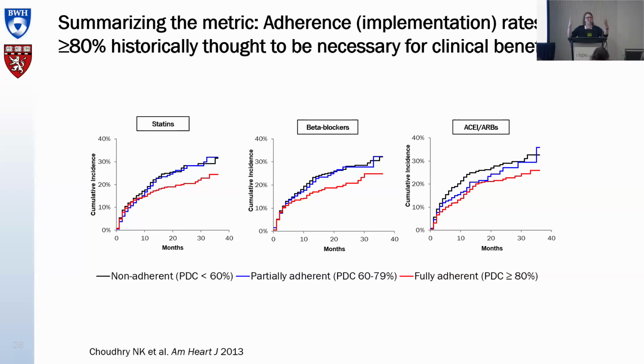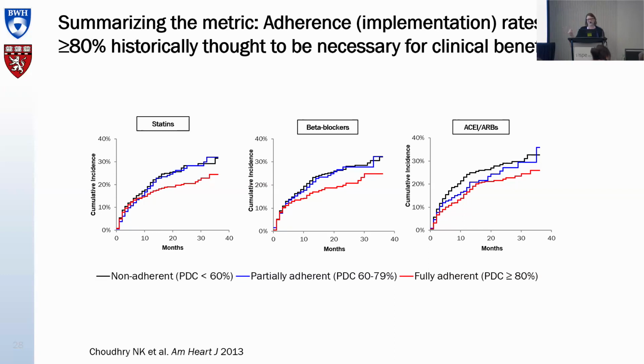Of course, people should be perfectly adherent. We know that's not always the case. But different work has shown across different thresholds that if people are covered with at least 80% of their days of medication, they do see clinical benefit in terms of lower cardiovascular events, for example.